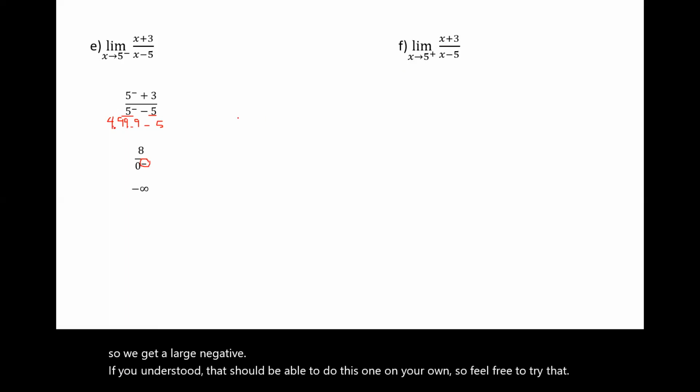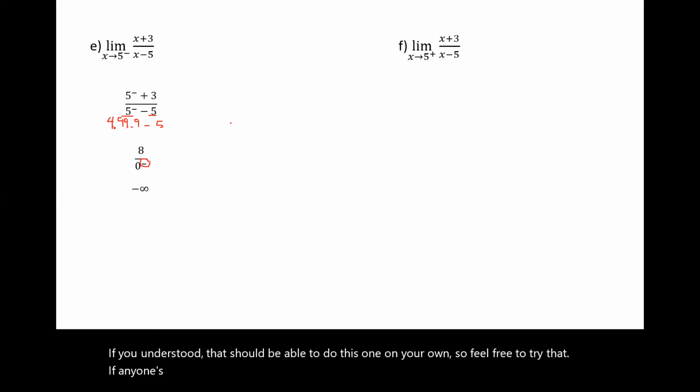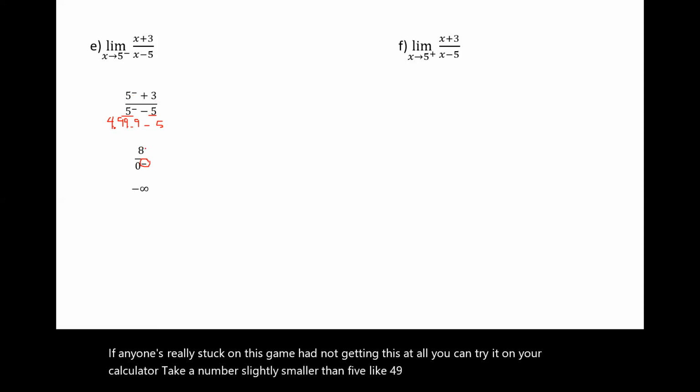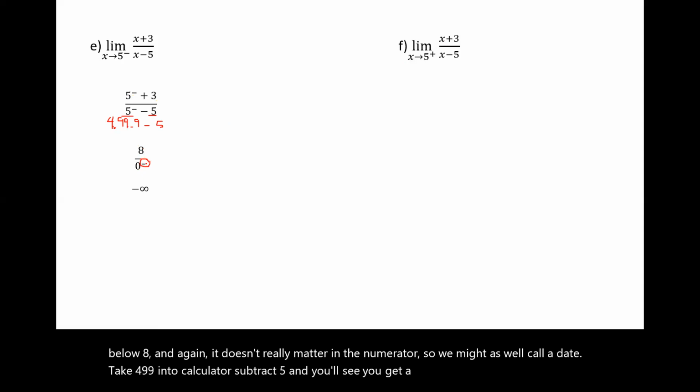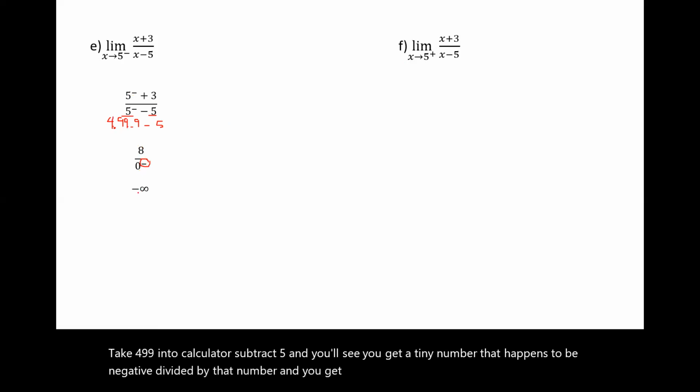If anyone's really stuck on this, going, I'm not getting this at all, you can try it on your calculator. Take a number slightly smaller than 5, like 4.99999, add 3. You're going to get a number just below 8. And again, it doesn't really matter in the numerator, so we might as well call it 8. Take 4.9999999 in your calculator, subtract 5, and you'll see you get a tiny number that happens to be negative. Divide 8 by that number, and you get a very large number that's negative.